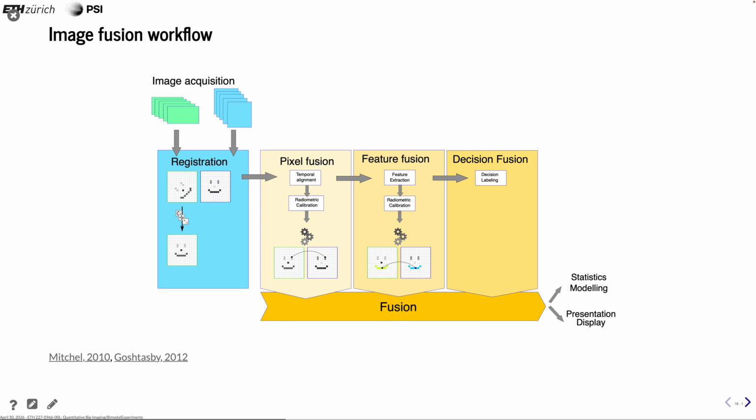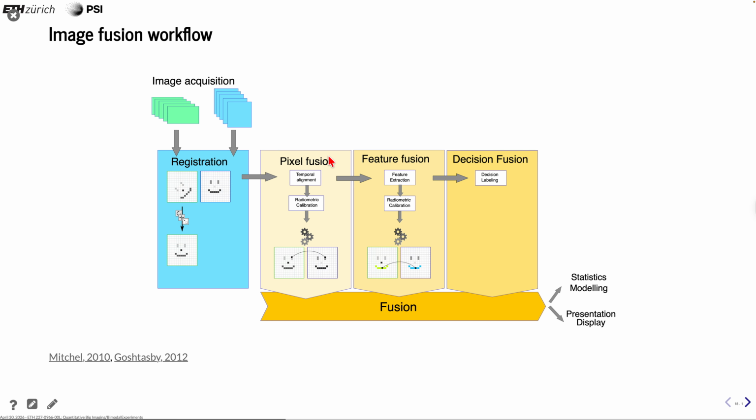Graphically, we can look at the image fusion workflow like this. We have some images that we have acquired, in different modalities, different shapes, etc. Then we need to do some registration in order to bring the two images into the same frame so that we can compare them.